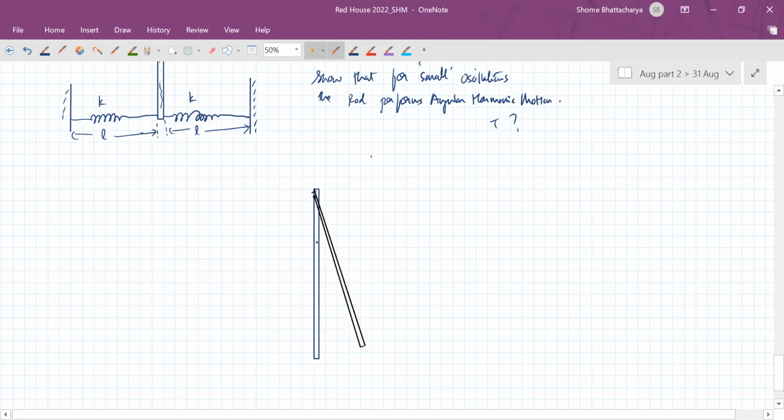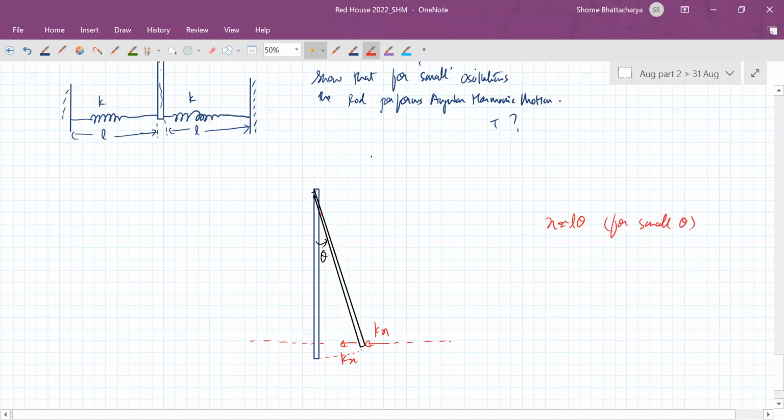So if theta is small, then this spring getting compressed will apply a force kx like this, and this spring getting extended will also apply a force kx like this. Now you can see the amount by which the springs are getting compressed or extended is equal to L theta for small theta.